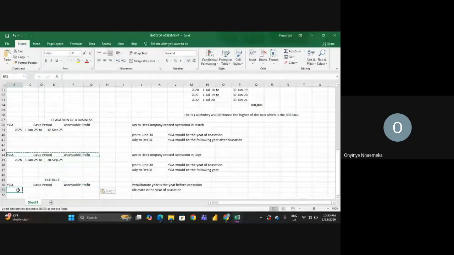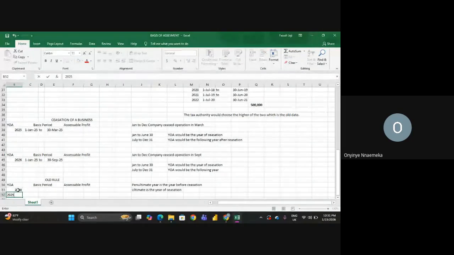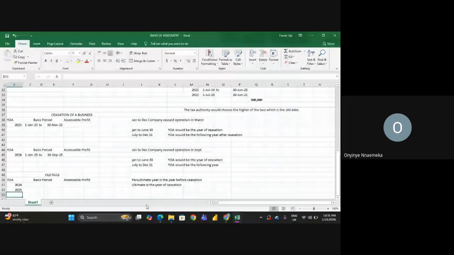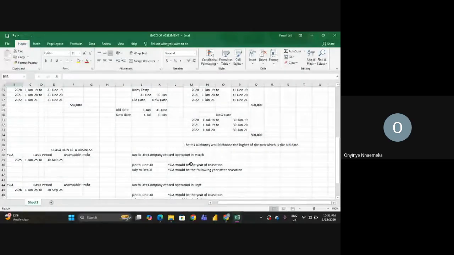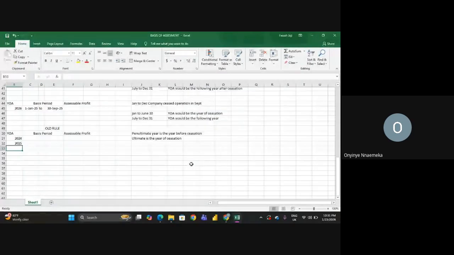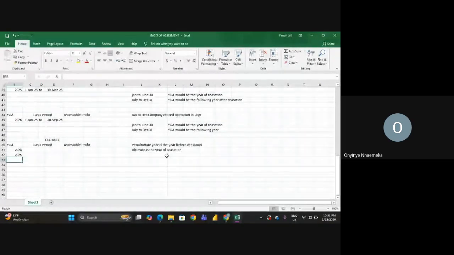Now, first you write your penultimate year 2024, then your ultimate year 2025. Just like the change in accounting period, you go and do workings, then pick the one that you want. That's what we do for cessation too. Let me write it down here. Workings.